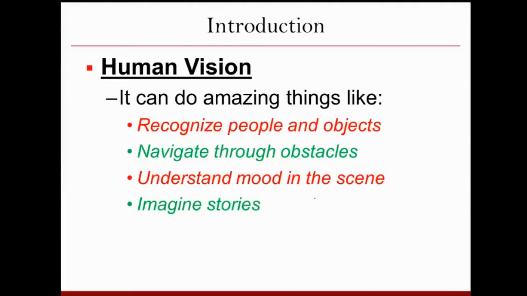If we see a picture, we can find out whether the person is sad or happy. We can even draw a story out of a picture. So you can say we can do infinite things with human vision.